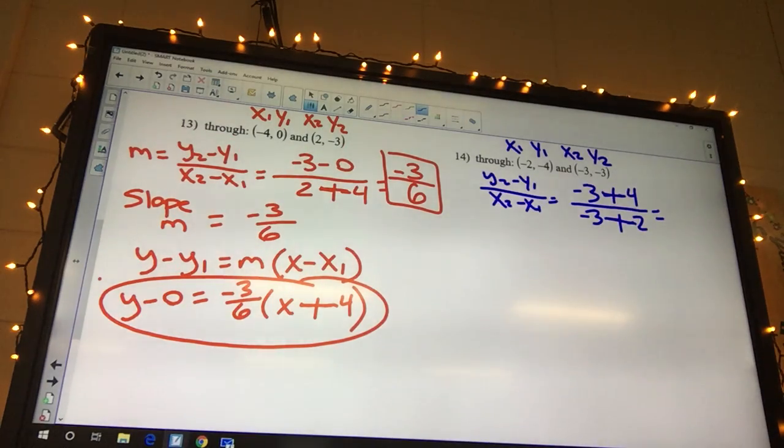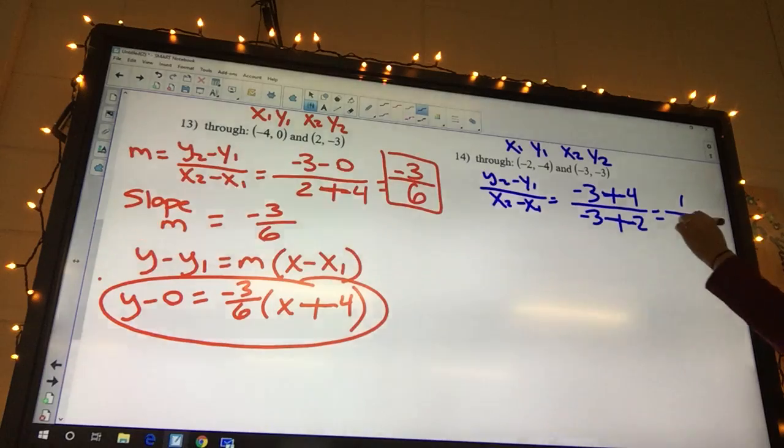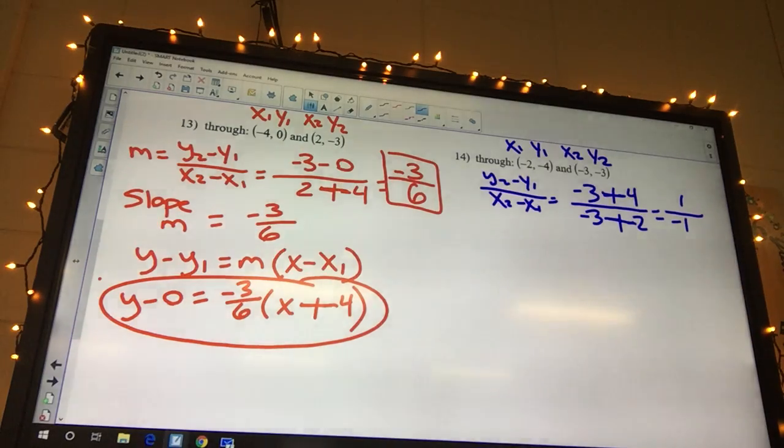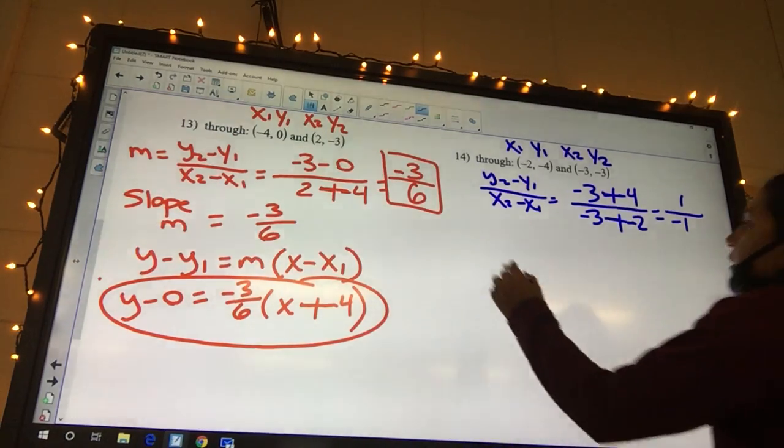Okay, so I got negative 3 plus 4 would be 1 over negative 3 plus 2 would be negative 1. I'm getting better at those negative things. Okay, well what's 1 divided by 1? It's just 1, so my slope is just going to be negative 1.